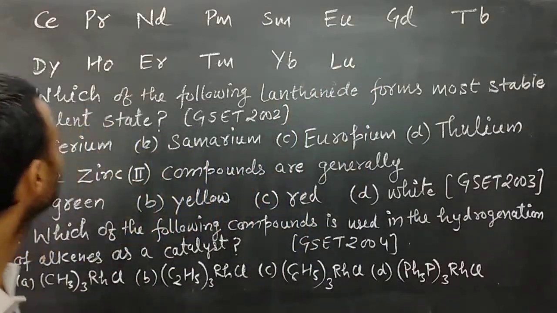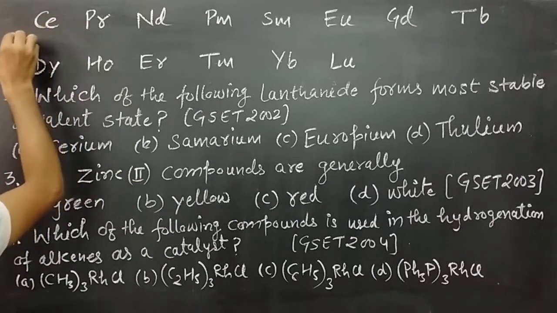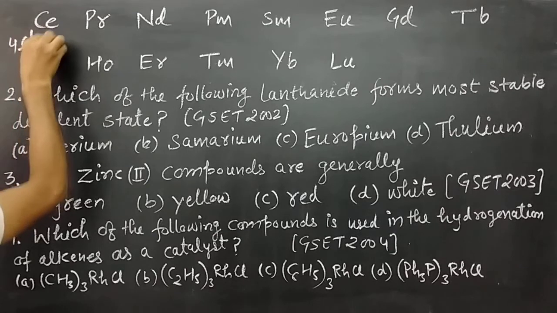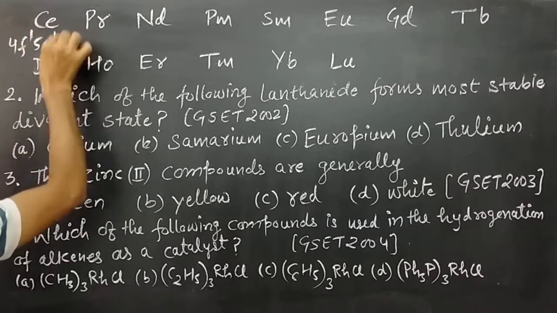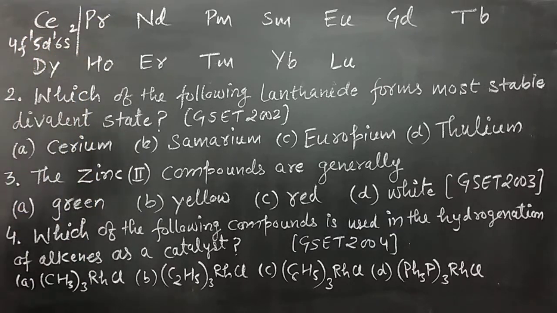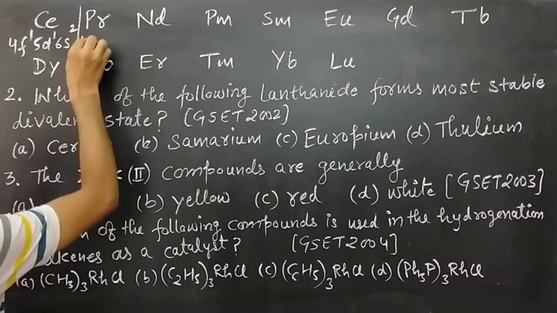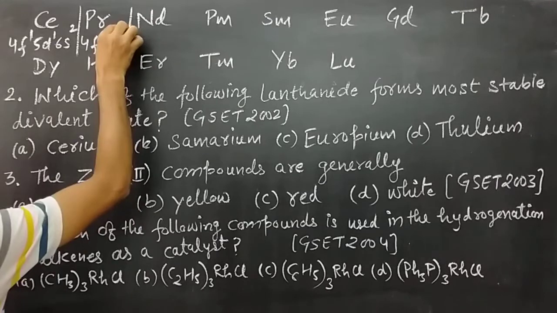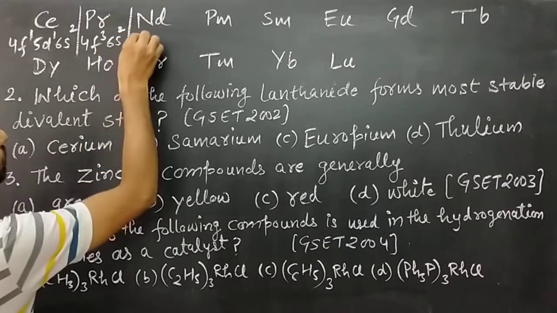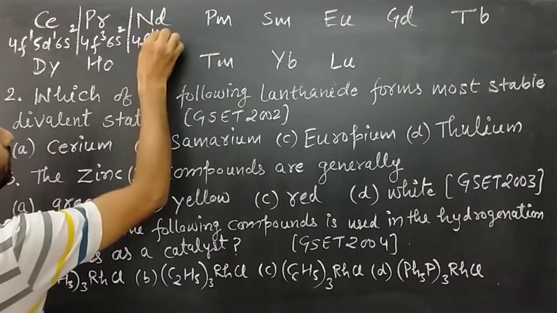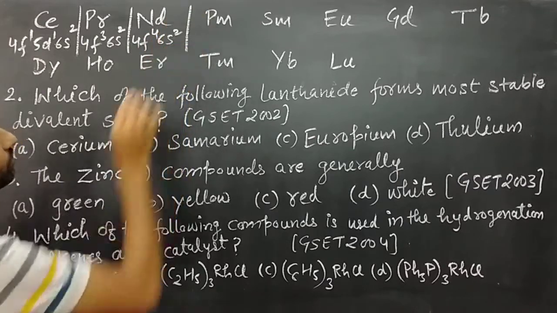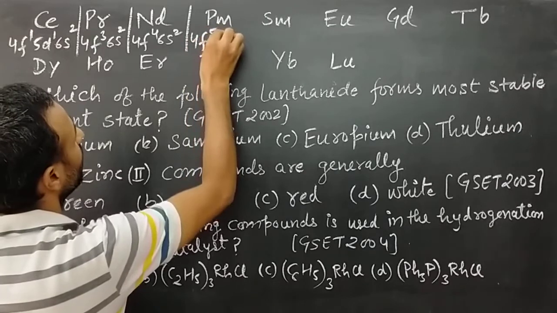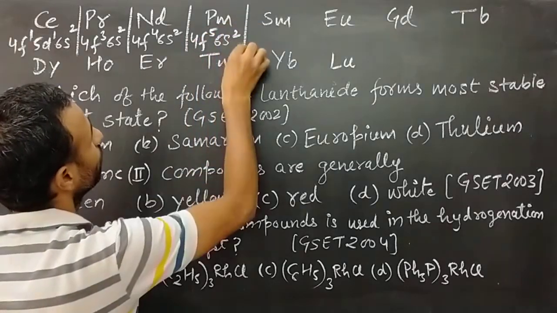Okay, so the electronic configuration for the first one is 4f1, 5d1, 6s2. Praseodymium is 4f3, 6s2. Neodymium is 4f4, 6s2. Promethium is 4f5, 6s2.